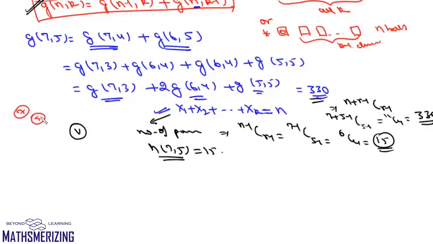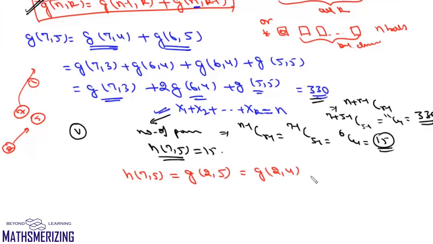Now another way of solving the same question can be, we are given 7 balls and there are 5 stockings and each stocking must have at least one ball. So what we'll do is from these 7 balls, we'll give one ball each to 5 stockings. Then we are left with 2 balls which are to be distributed in 5 stockings. So that means this H(7,5) actually is equivalent to G(2,5). Now G(2,5) is G(2,4) plus G(1,5), and value of G(1,5) is 5.